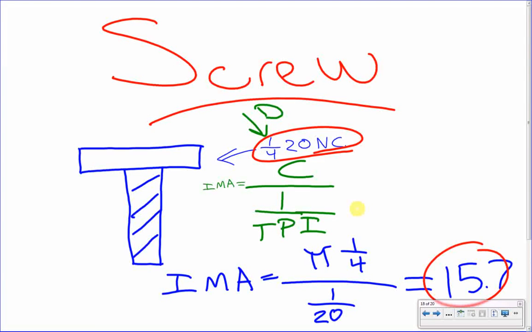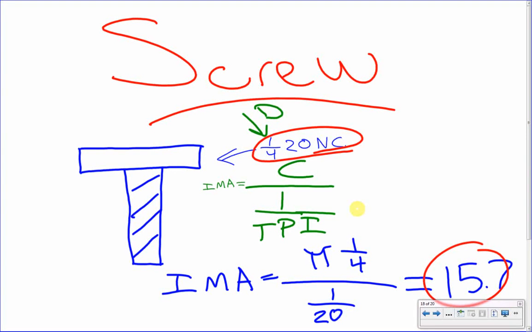So pi, and my diameter was a quarter, so pi 0.25, divided by 1 over 20. 20 was my threads per inch. Gives me a mechanical advantage of 15.7. AMA would be the exact same equation, Fout over Fin. Maybe I'm pushing with a wrench with X amount of force, that would be my Fin, and maybe the force the screw is being driven down with some force, that would be my Fout.